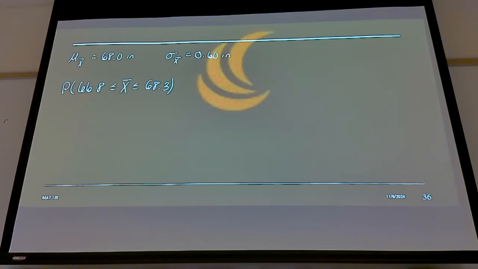Convert these to z-scores. 66.8 is negative 2.00: 66.8 minus the mean divided by the standard deviation. And 68.3 is a z-score of 0.50.